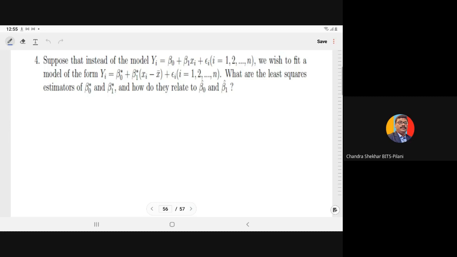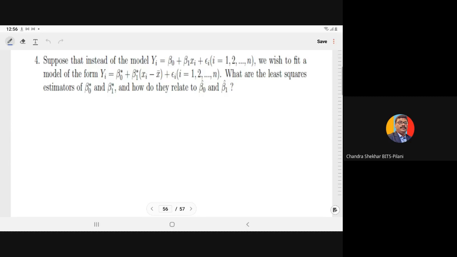Now let us move to the last question. Question number 4. Suppose that instead of the model yi is equal to beta naught plus beta 1 xi plus epsilon i, for i equal to 1 to n, we wish to fit the model of the form yi is equal to beta naught star plus beta 1 star into (xi minus x bar) plus epsilon i, for i equal to 1 to n.